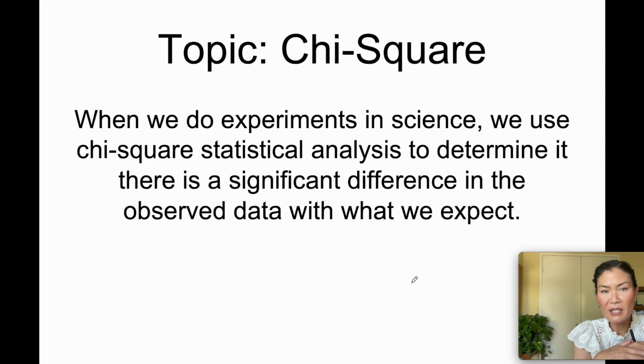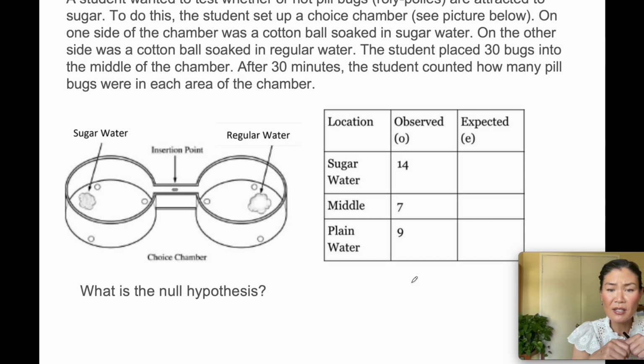It tells us whether there is a big difference or no difference at all between the observed and the expected. And when we do these experiments, we always have to have a null hypothesis. The null hypothesis is always going to say that there is no statistically significant difference between the observed and the expected.